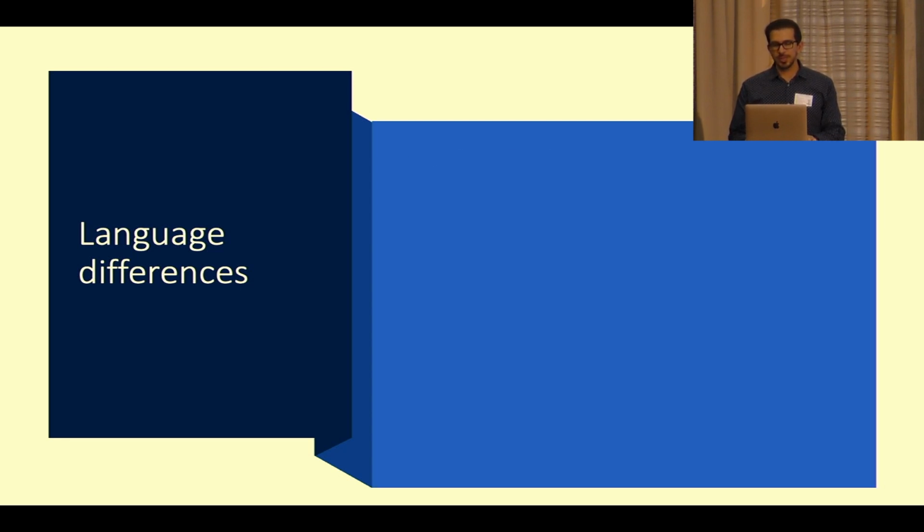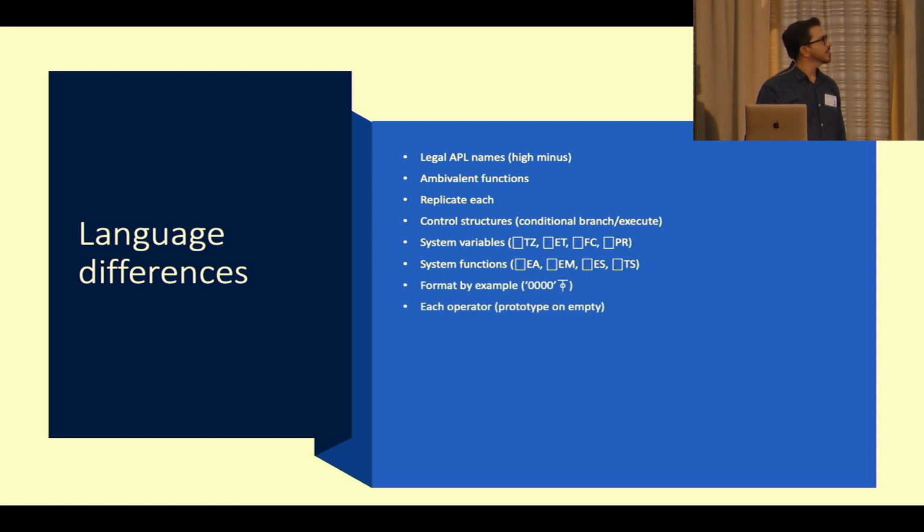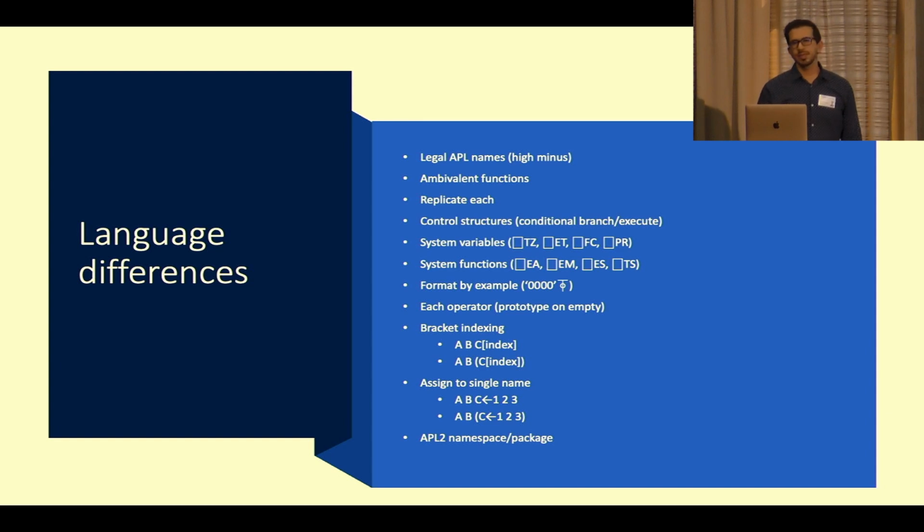Now, talking to other APLers that have gone through a similar process, we knew of language differences. And we thought, okay, there's a handful of differences to worry about. But as we looked through the code and tried to fix source code, more and more differences reared their heads. So the list got longer and longer, and in the end we were a little bit surprised that they were so different.